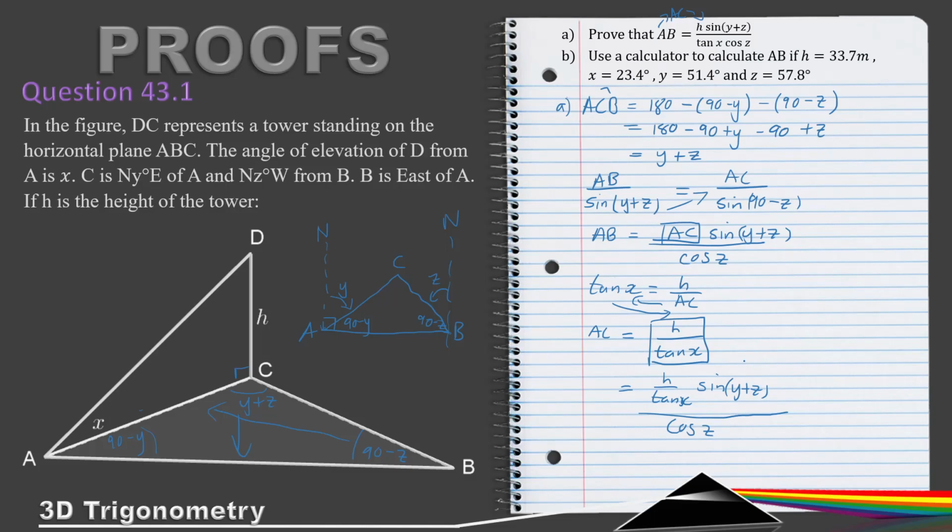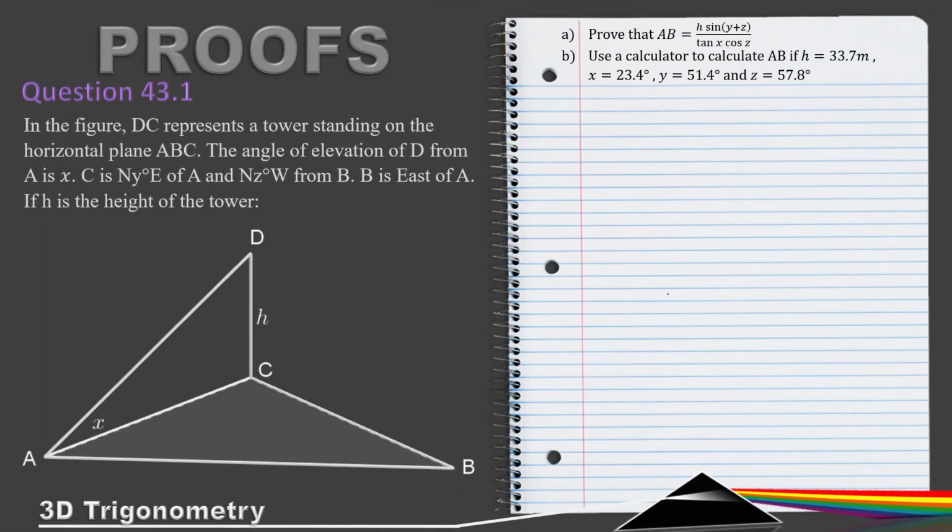Then remember, numerator times numerator, denominator times denominator, and if you divide by this, it's the same as saying multiply by 1 over cos z. So cos z is going to be here in the denominator again. So to write that, we've got h sine of y plus z over tan x cos z. Okay, and that looks like what we needed to prove, so that means we are done.